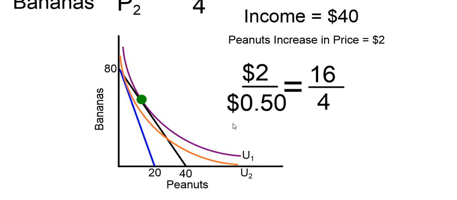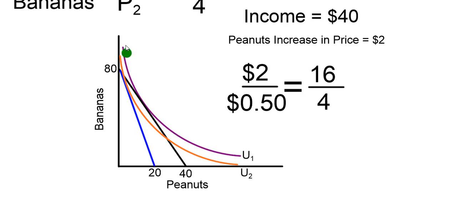So if bananas are 50 cents per unit, the maximum units she can buy of bananas is 80. And if peanuts are $1 a unit, the maximum units of peanuts that Sasha can buy is 40. So that's where we want to draw our budget line right here, this black line.